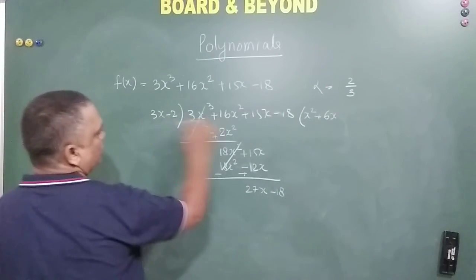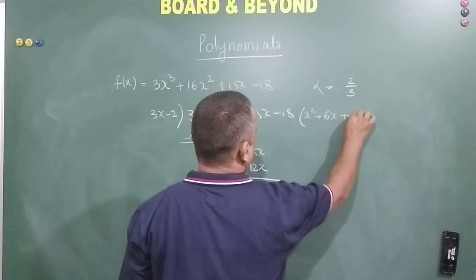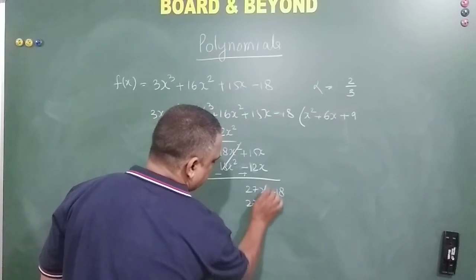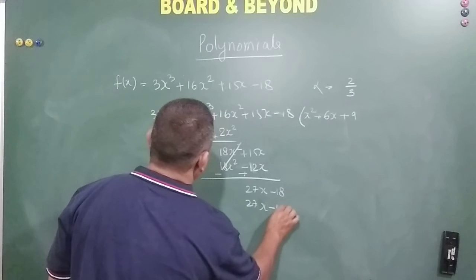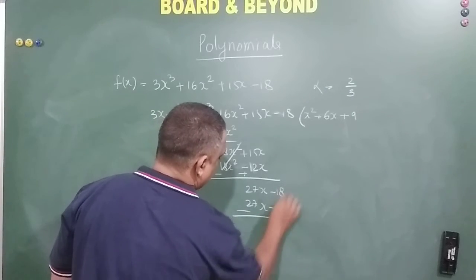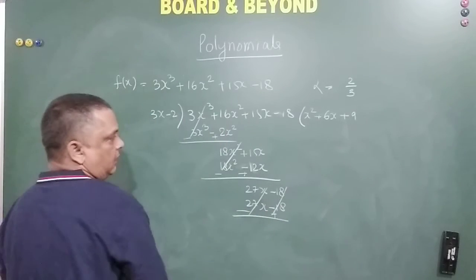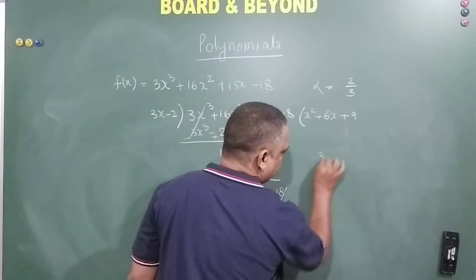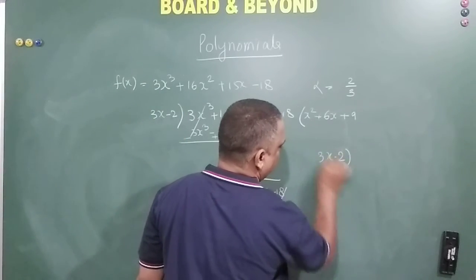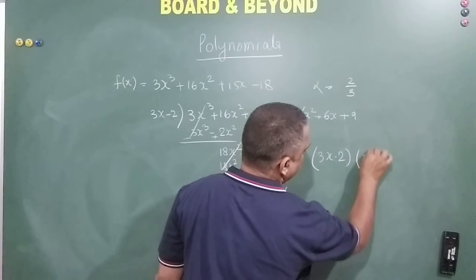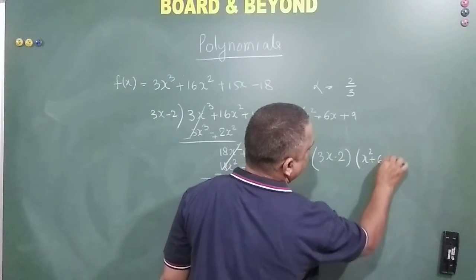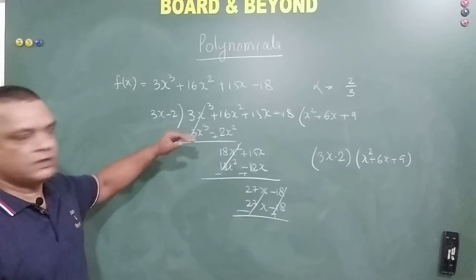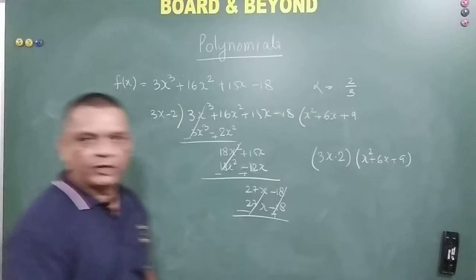So plus 9, right? So 27x minus 18. Which says that the two factors are 3x minus 2 and x square plus 6x plus 9. These are the two factors of this cubic polynomial.